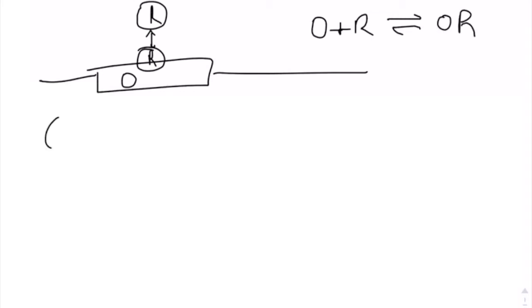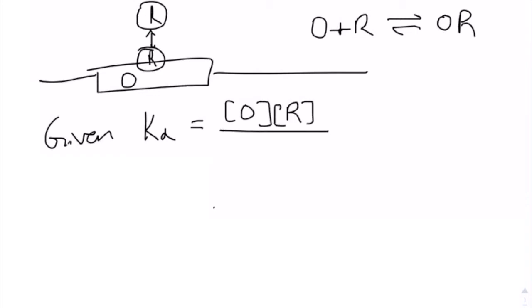Let's say that we are given a dissociation constant, Kd. The dissociation constant is defined as the dissociated form over the associated form. So this is what our equation looks like right now.